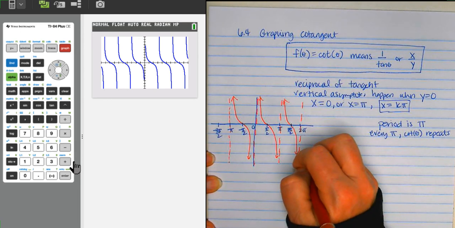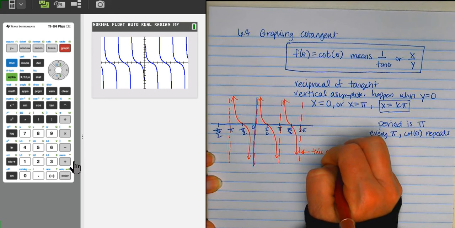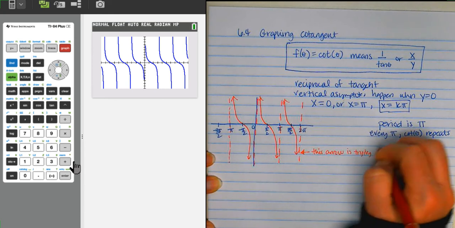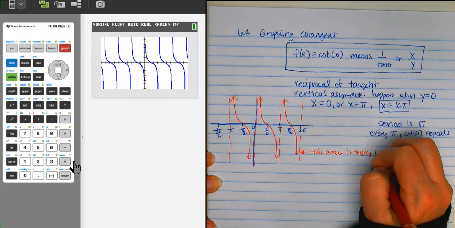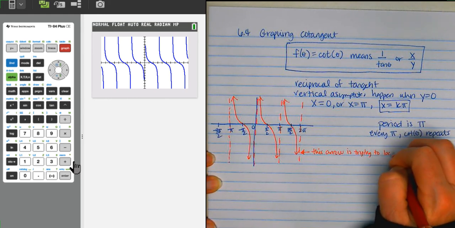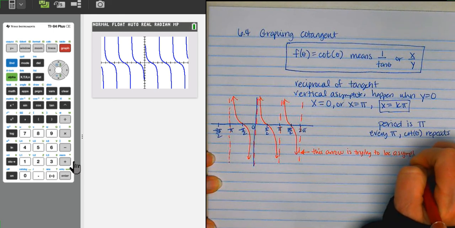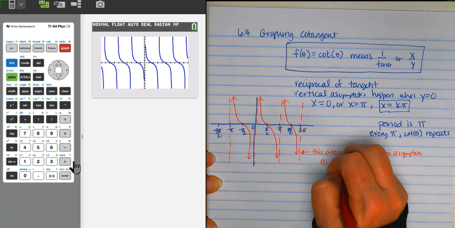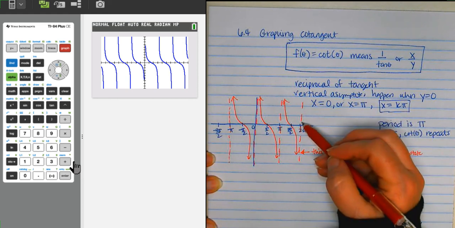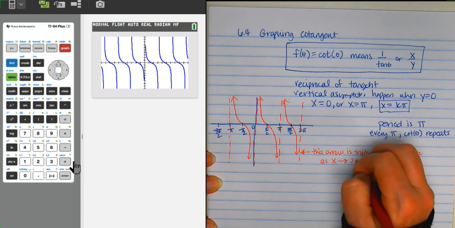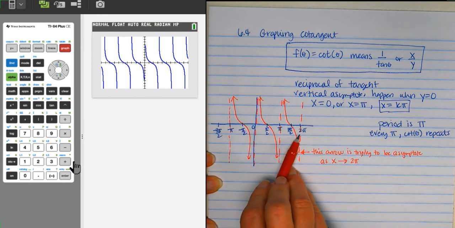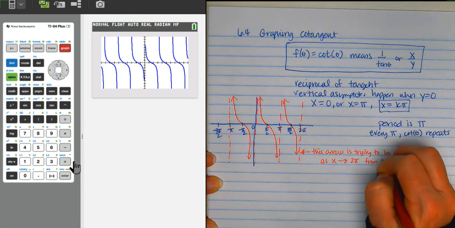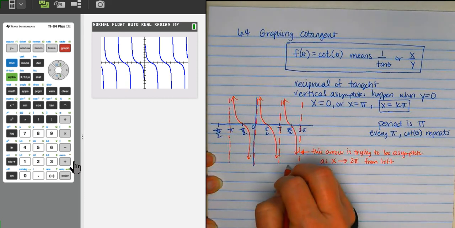So this arrow is trying to be the asymptote. But it actually goes to infinity as x approaches, let's say 2 pi. So if we're going this way, we're approaching 2 pi. We'll even say from the left, that means this way.